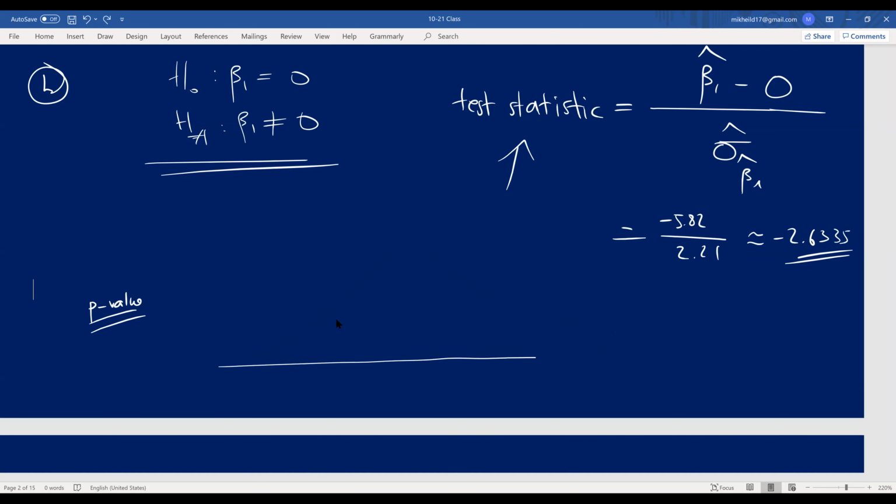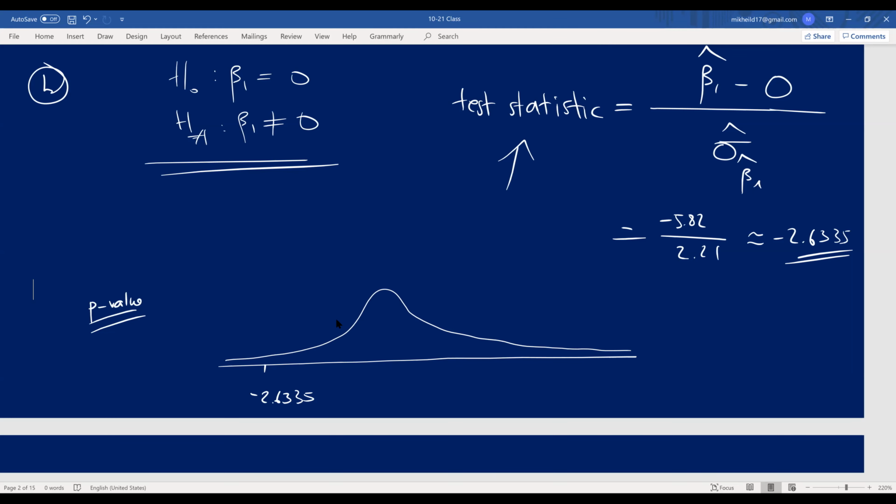I'm actually very good at drawing. I was quite good at drawing. So this is minus 2.6335, right?